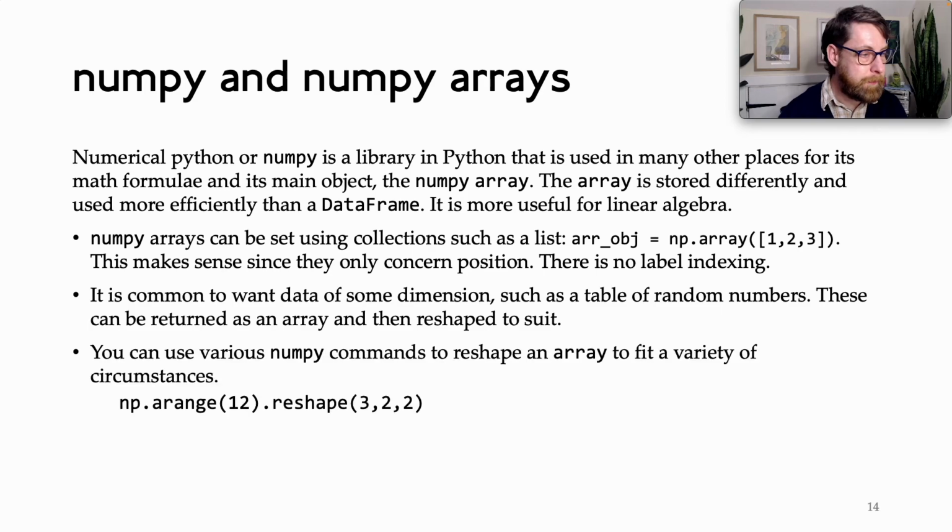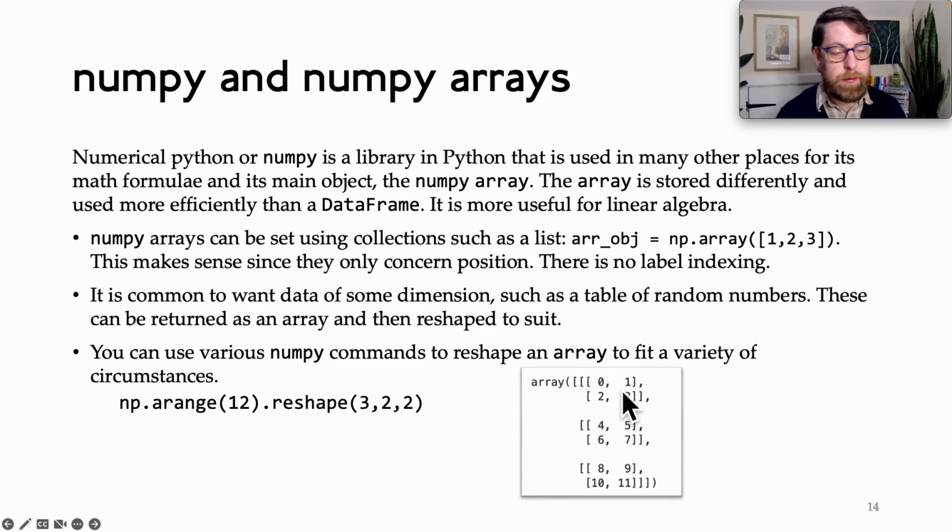So here's an example. Here we can just get not a range of random numbers, but actually the first 12 numbers, and then reshape them into some squares. So we'll see here how it does the rows, then the columns, then the outer columns.